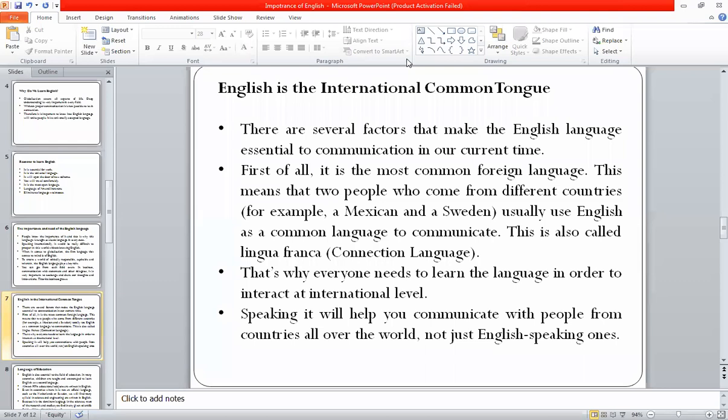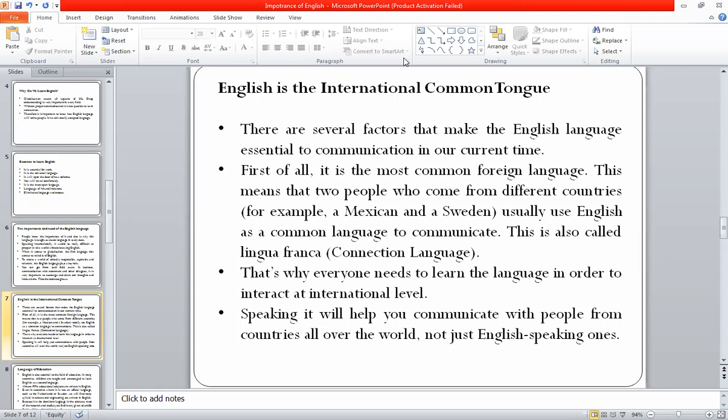Lingua franca means connection language, or communication language that we use for communication. So English is also called lingua franca. There is no doubt that this is the most common foreign tongue that we are using in every field, at every instant and every moment.